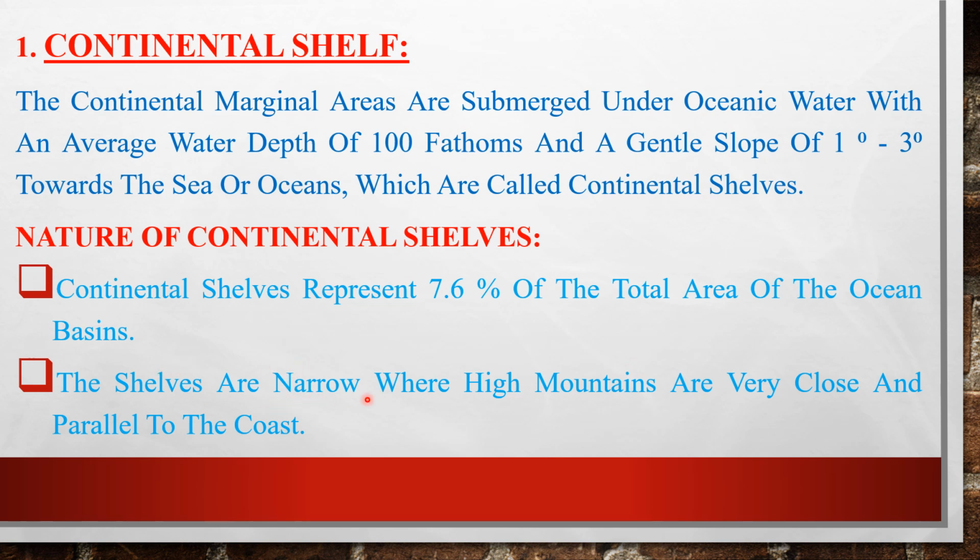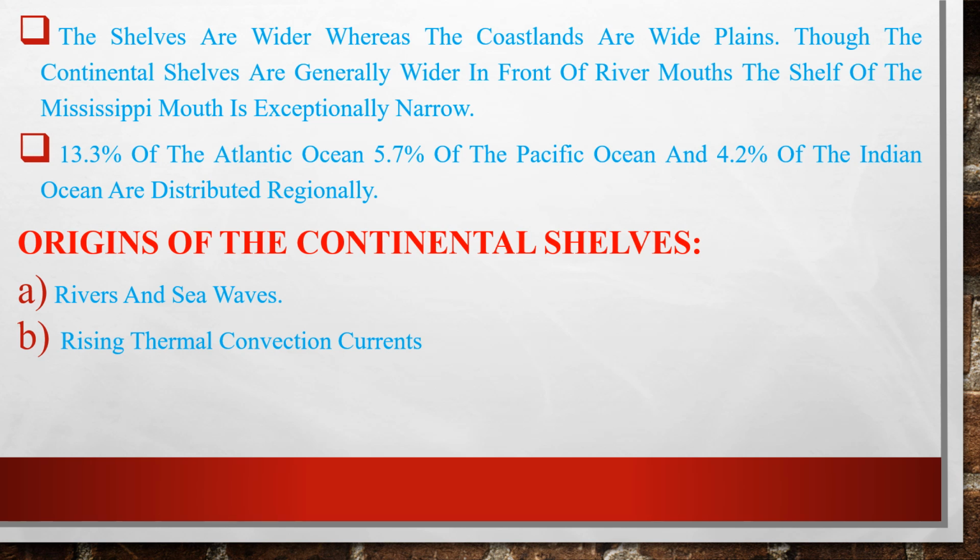The shelves are narrow where high mountains are very close and parallel to the coast. The shelves are wider where the coastal lands are wide plains. Though the continental shelves are generally wider in front of river mouths, the shelf at the Mississippi mouth is exceptionally narrow.